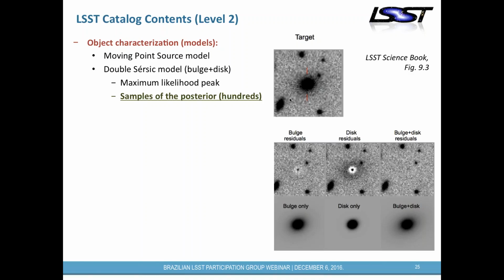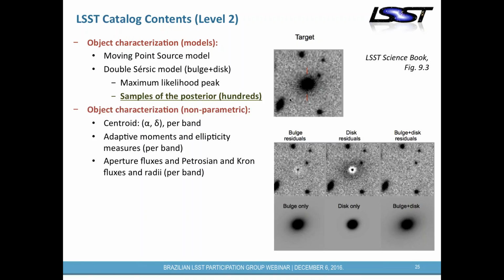It's essentially a bulge plus disk model. On the bottom right of this slide is a visualization of what this fit looks like. For every object out there, and this is particularly useful for galaxies, you will have a characterization of the shape of that galaxy and what the object looks like in terms of these double Sersic parameters.